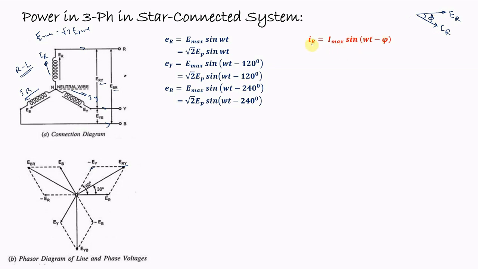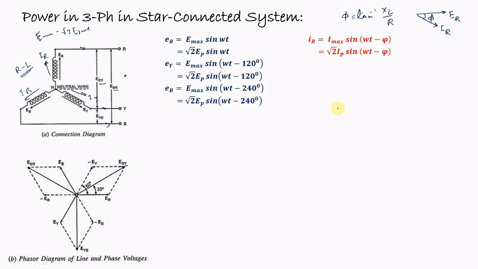That's why here I have written IR is equal to I max sin omega t minus phi, because R phase current will lag the R phase voltage by an angle of phi, where phi is tan inverse XL upon R, and for a given circuit the phi is constant.